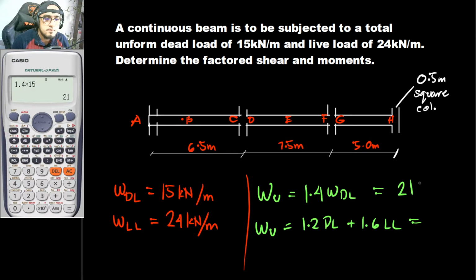As for the second one, that is 1.2 times dead load, and our dead load is 15 kilonewtons per meter, plus 1.6 times live load, and our live load is 24 kilonewtons per meter. Our answer here would be 56.4 kilonewtons per meter. So this is to be the value of our W.